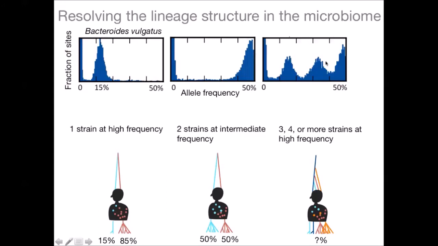And so just by looking at these patterns, one of the conclusions that we can make already about the lineage structure inside of us for a given species is that often we're colonized by a handful of strains, 1, 2, maybe 4, but not hundreds and not exactly 1.